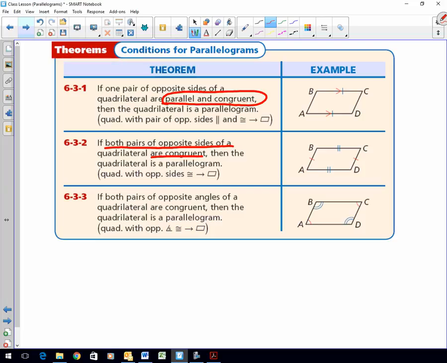Next, if both pairs of opposite angles are congruent, not just one, but both pairs of opposite angles are congruent, then I have a parallelogram. Both pairs of opposite angles are congruent.